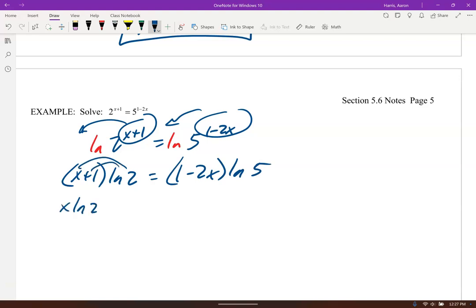So I have x ln of 2 plus 1 ln of 2 equals 1 times ln of 5 minus, I'll write this as 2x ln of 5. Of course, the 2 ln of 5 is the number part on that. Now what I'm going to do is I'm going to get all my x's on one side.